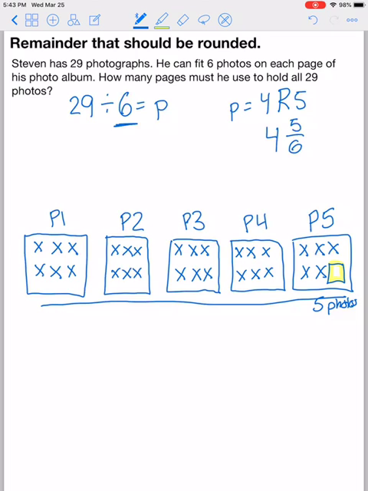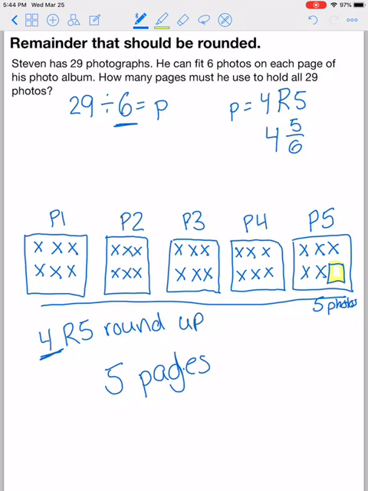So this is an example of where you would round to the next whole number. So he would actually use 5 pages. So I'm going to take that 4 and remainder of 5, and I'm going to round up to the nearest whole number, which would be 5.